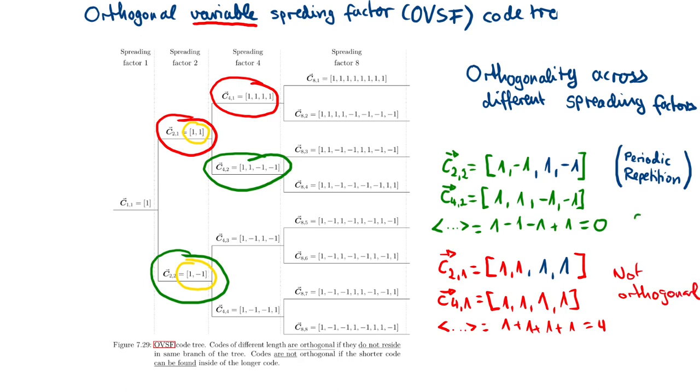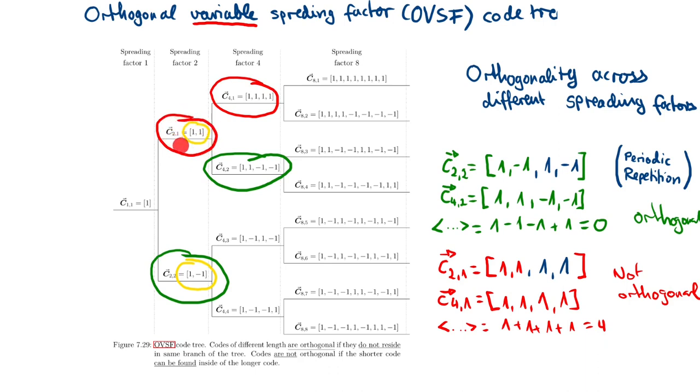So for the non-orthogonal codes selected here, you see that the code resides in a subtree of this code.